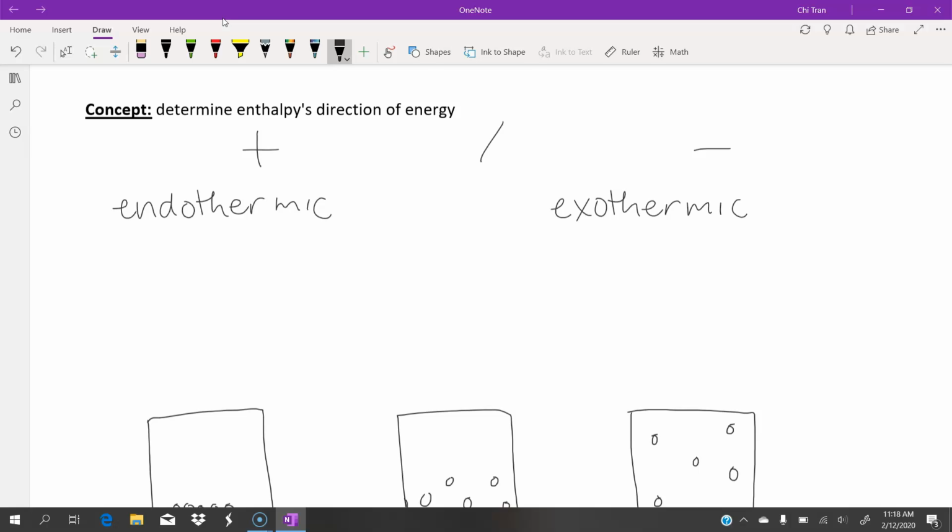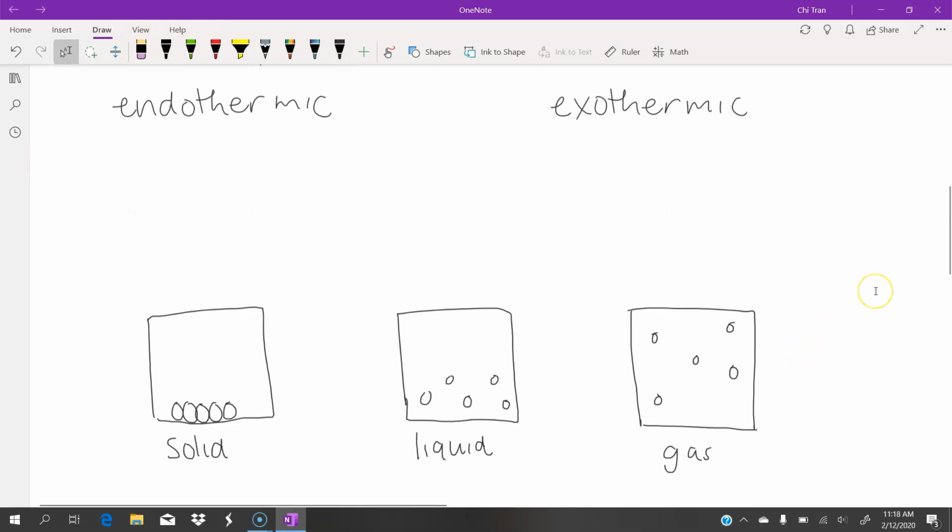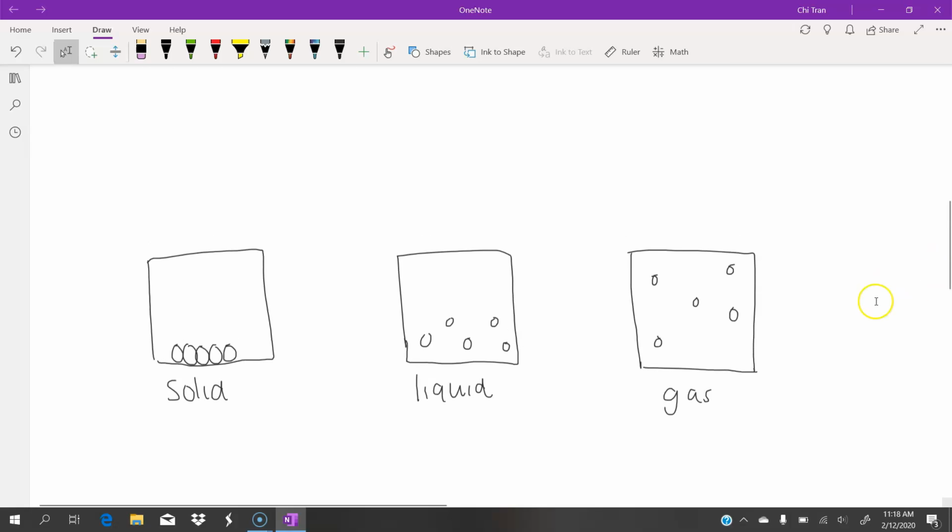So there are three examples that we will analyze to determine whether it's an endothermic or exothermic reaction. So first, we have a changing of state between the states of a molecule. So if we were to go from a solid to a gas, it's an endothermic reaction.